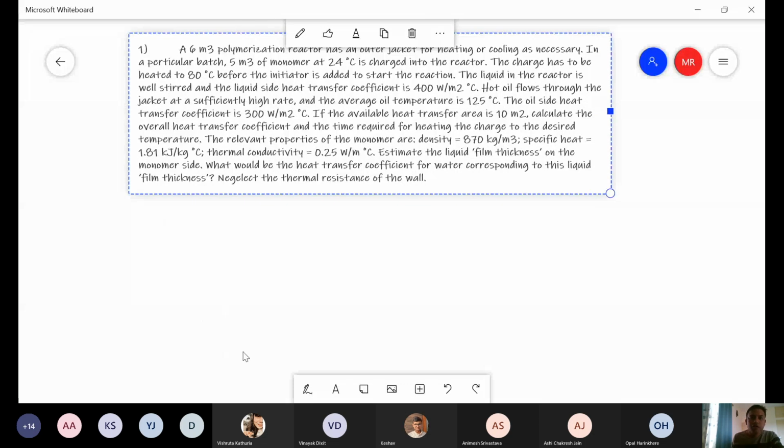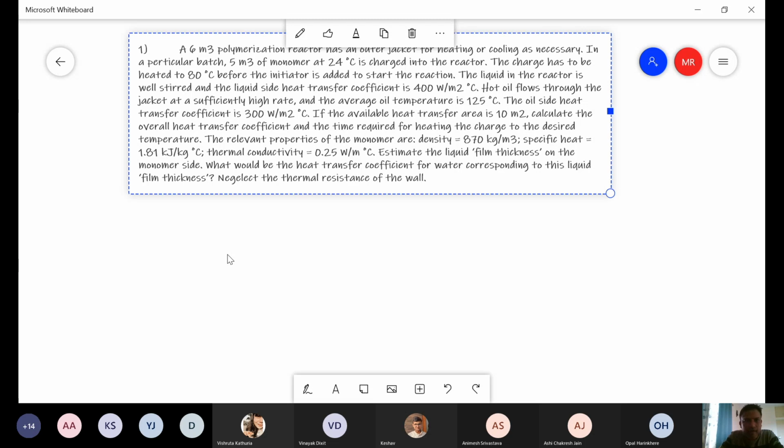Okay. So the question is, there is a 6 meter cube polymerization reactor which has an outer jacket for heating or cooling as necessary. In a particular batch, 5 meter cube of monomer at 24 degrees Celsius is charged into the reactor. The charge has to be heated to 80 degrees Celsius before the initiator is added to start the reaction.